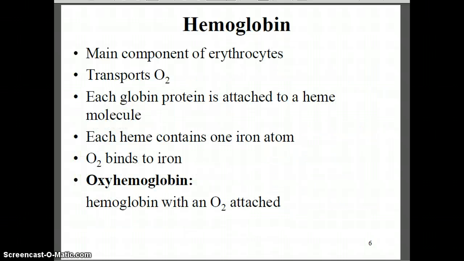Hemoglobin is the main component of the erythrocytes, as I have said, and its function is to transport oxygen. This tells you a little bit more about the molecule. The oxygen actually binds to the iron portion of the hemoglobin, and when O2 is attached, it is called oxyhemoglobin.